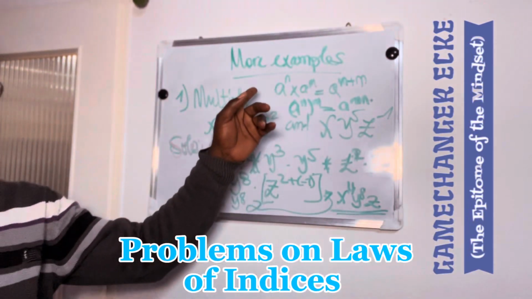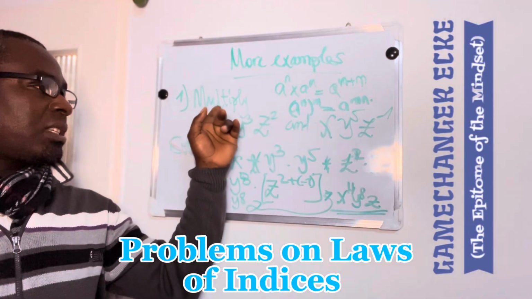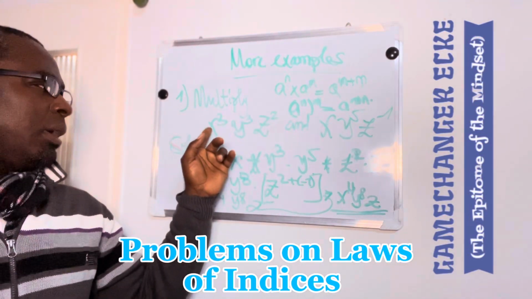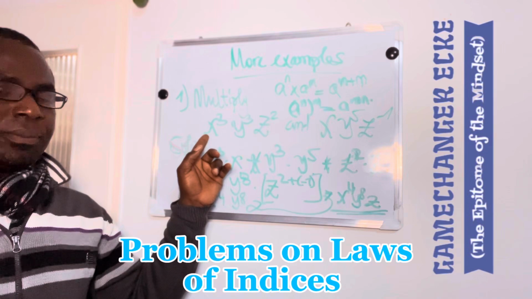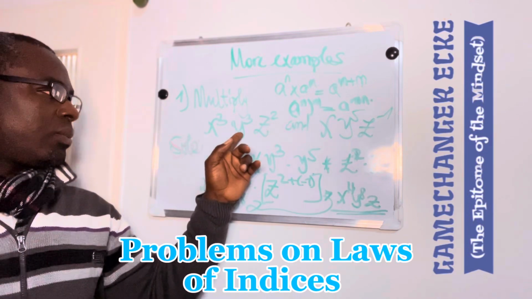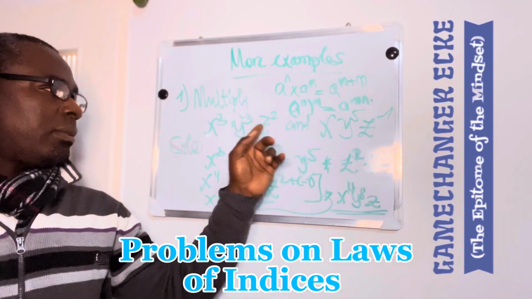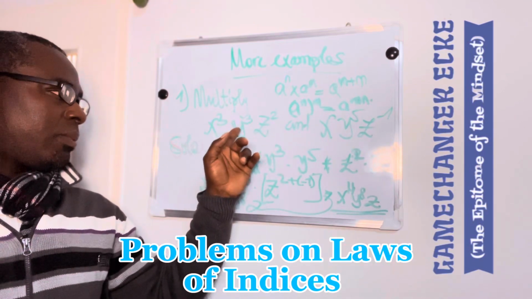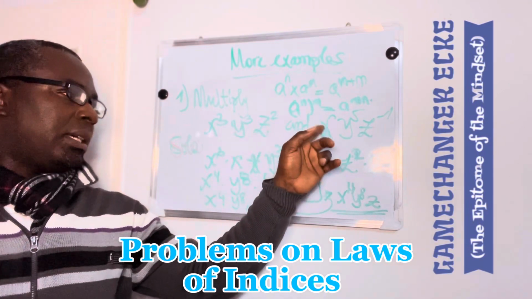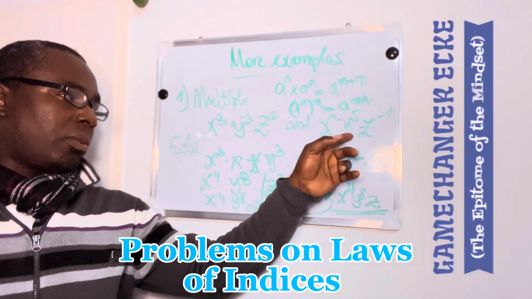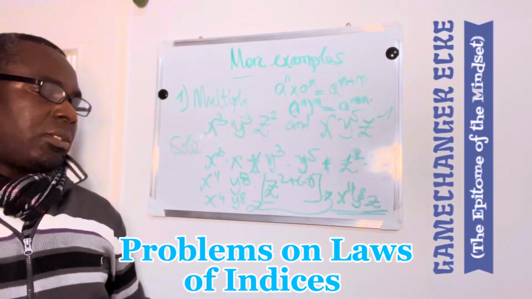So here we apply the multiplication law. In the first example, we were to multiply x cubed, y cubed, z squared, and x y to the power 5, z to the power minus 1.